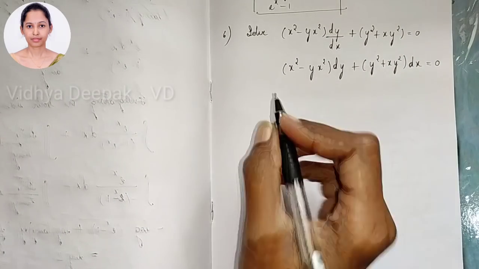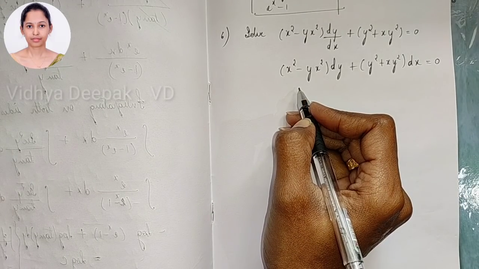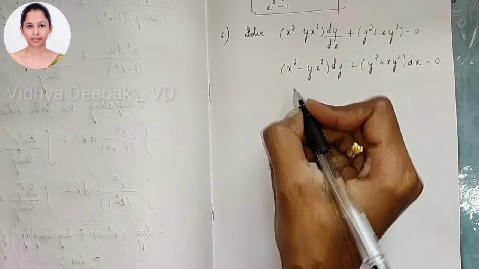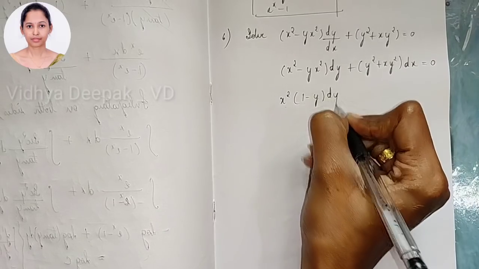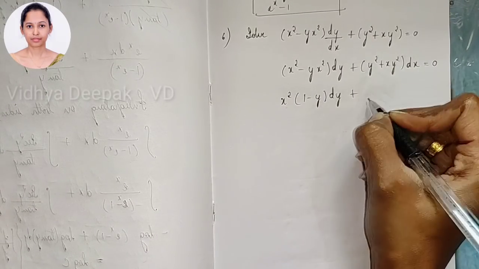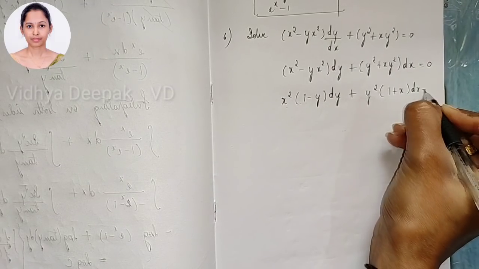So I'll directly write this. We can take x square common outside, so x square into 1 minus y dy plus, here you can take y square common outside, 1 plus x dx is equal to 0.